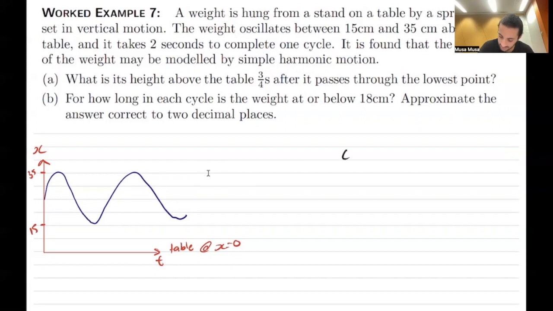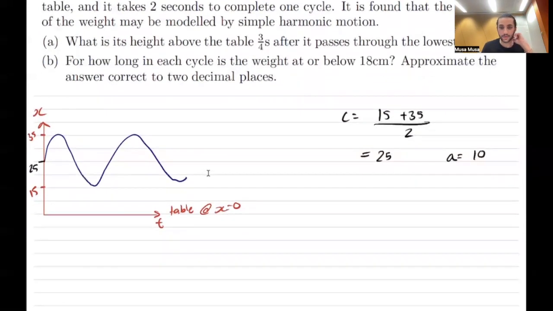So C for center should be the 15 plus the 35 on 2, which is 25. Okay, so yeah, I guess that's that. So this is 25. And if you're going from 25 up to 35 or from 25 down to 15, it means the amplitude should just be 10. Okay. Wonderful, wonderful, wonderful.